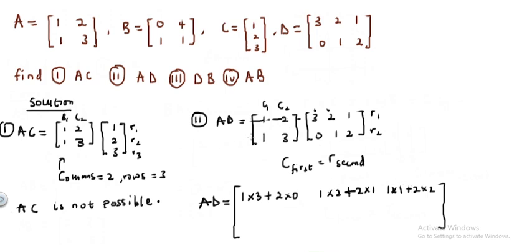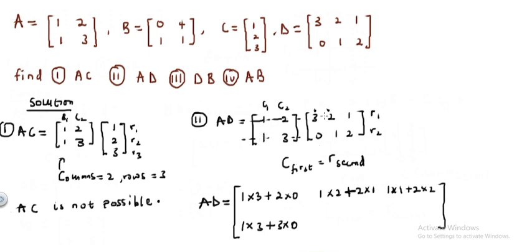Next up, I'll use my second row to do the multiplication. I'll start with my first column again. So this will be 1 times 3 plus 3 times 0. I'm done with my first column, so I'll go to the next column.